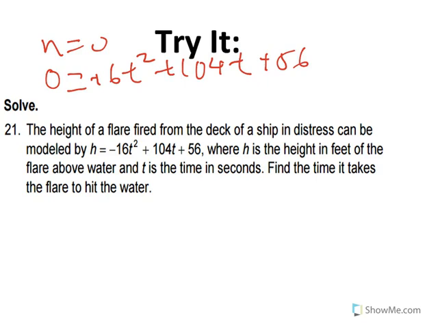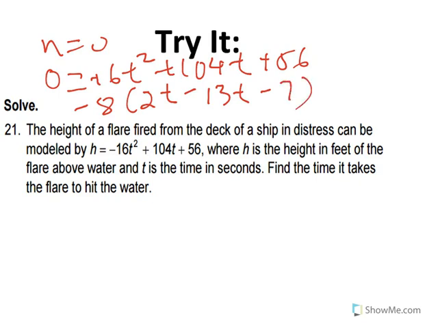So they all have a common factor of 8, so we can factor out a negative 8. So this gives us 2t squared, and 104 divided by 8 gives us negative 13t and minus 7.